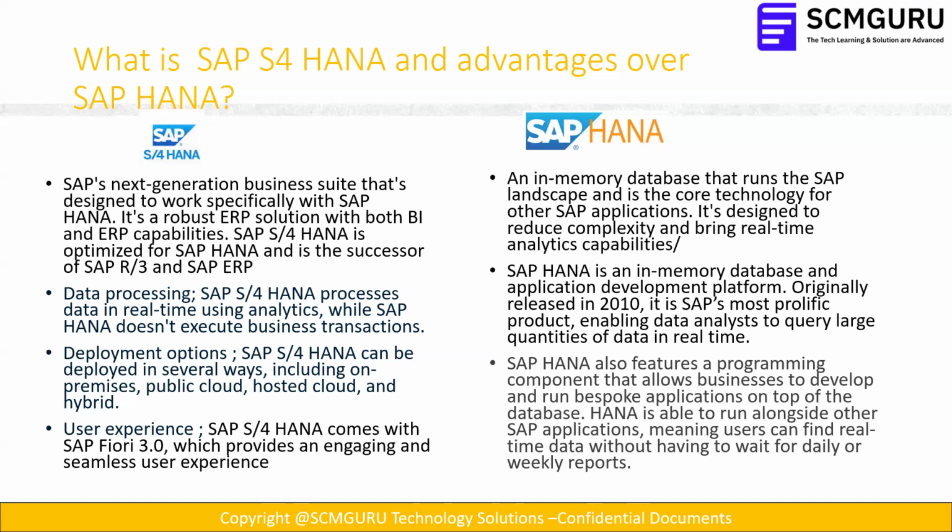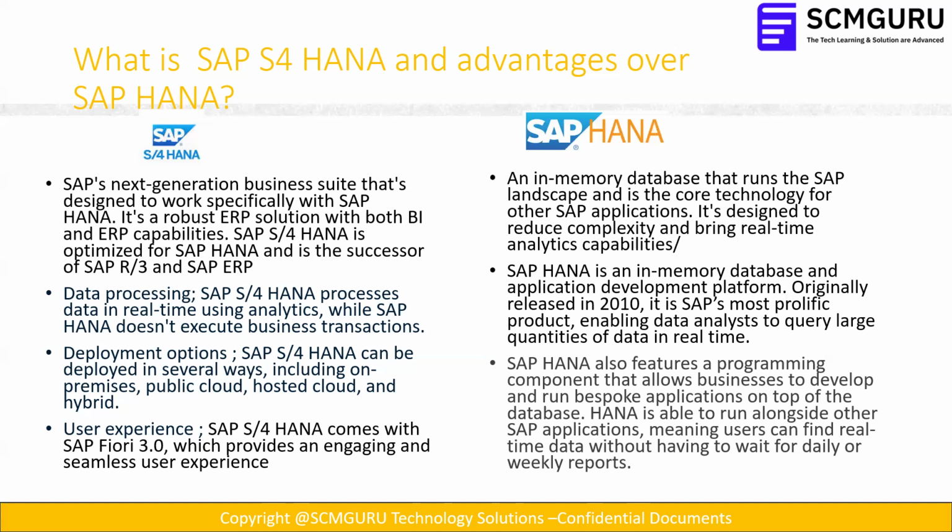That case made SAP move all their customers from the Oracle database to the SAP HANA database. SAP HANA is an in-memory database. SAP built its own database, originally released in 2010.